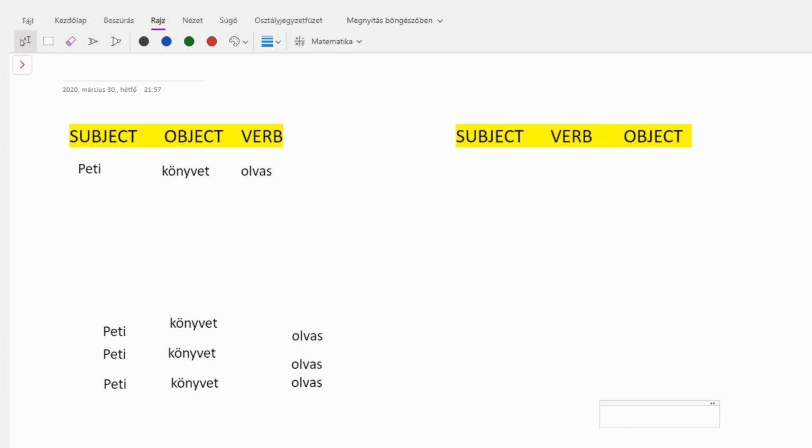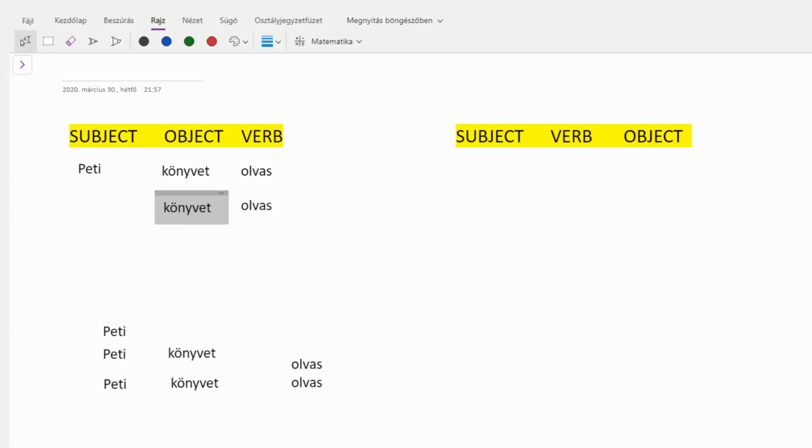Can there be another option? Could we use a different order if you want to express the same thing? It is possible if we start out with the verb as a stable point, and you say that the object remains there.